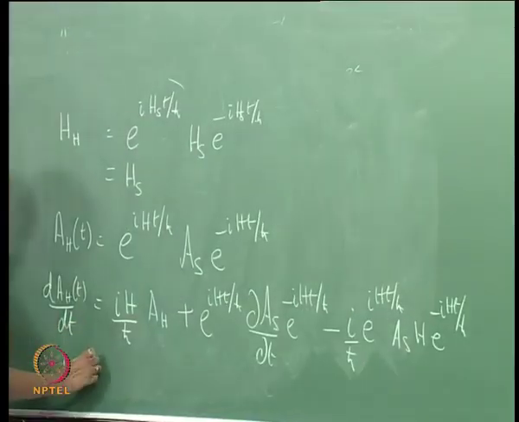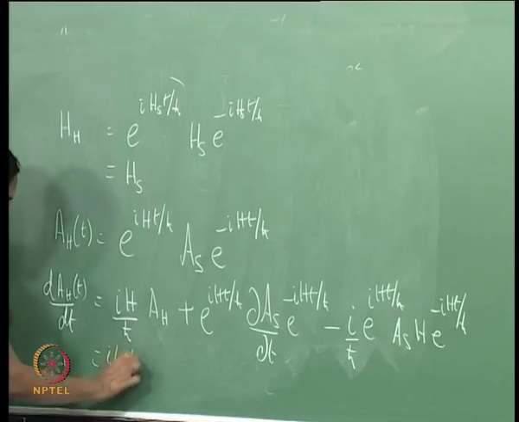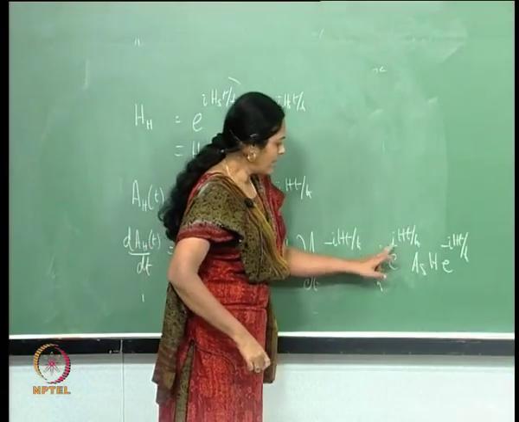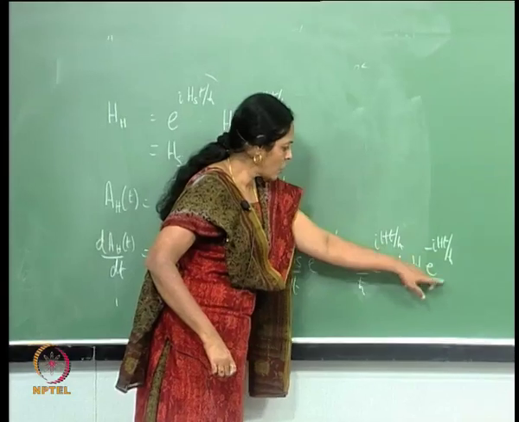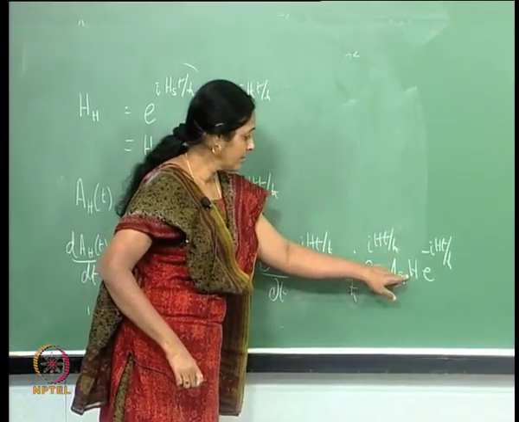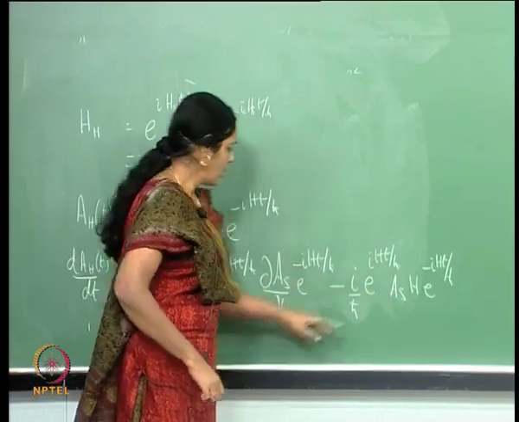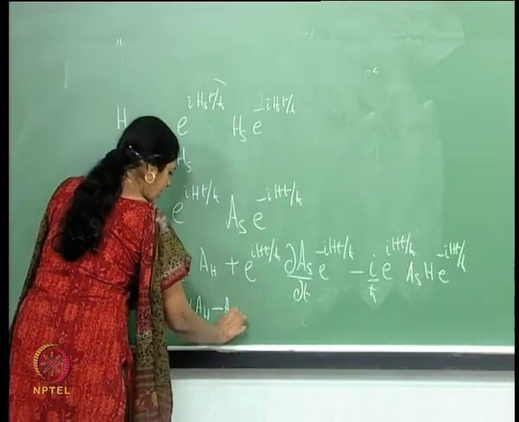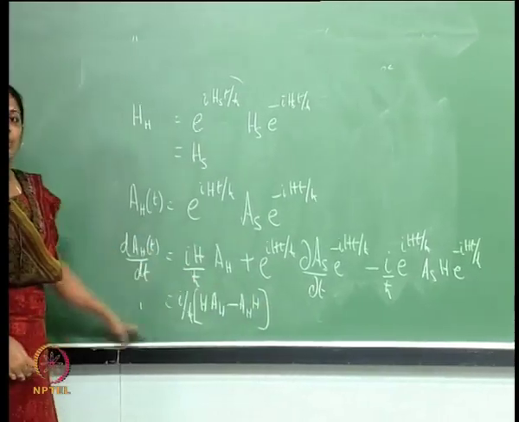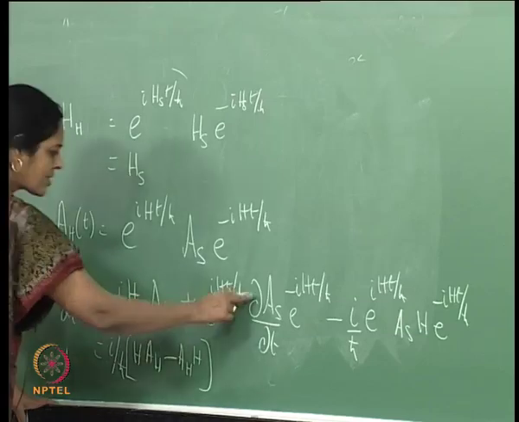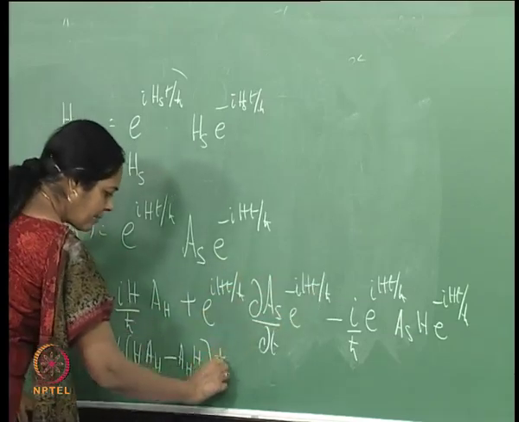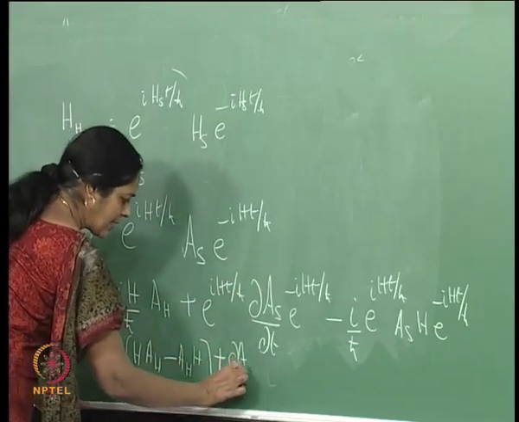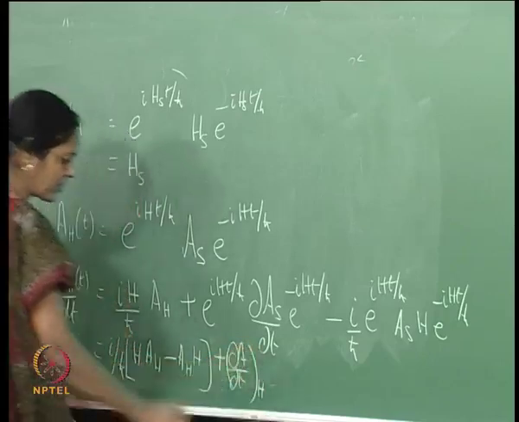So therefore, this is i by h cross H A_H minus, notice that this object commutes with H, and therefore that term can be written as minus A_H H. So I have a commutator plus this quantity, which I am going to refer to as delta A by delta t in the Heisenberg picture.